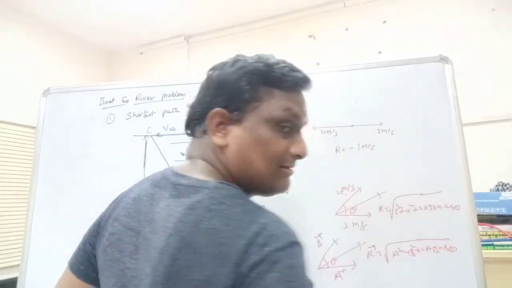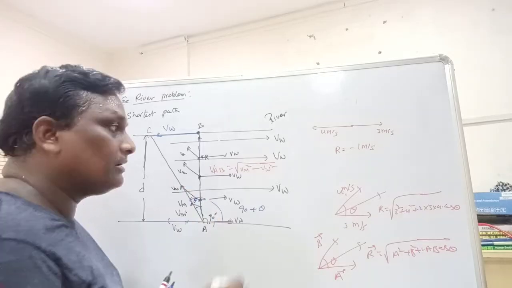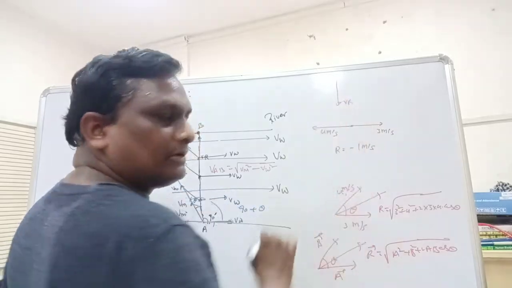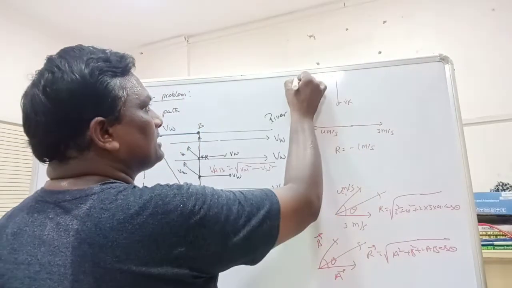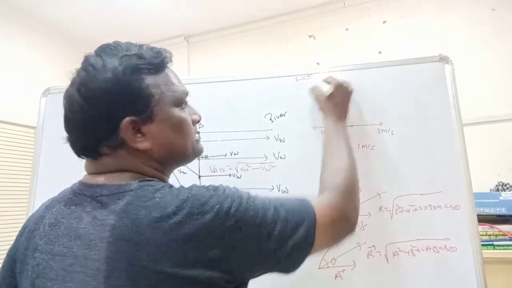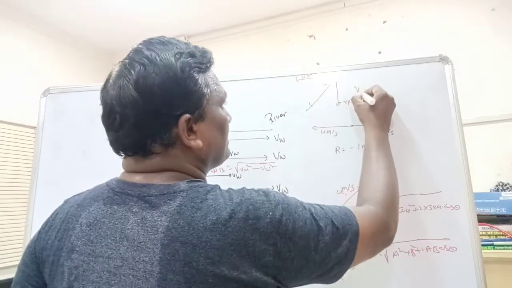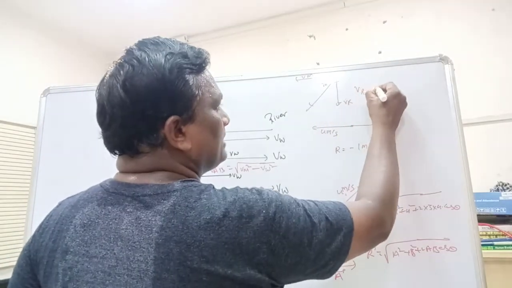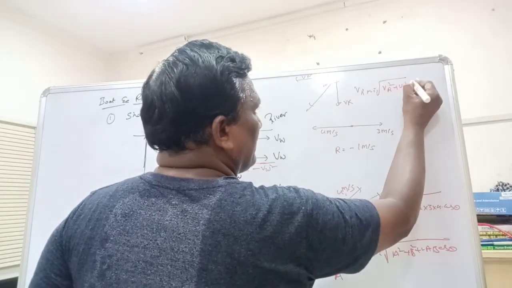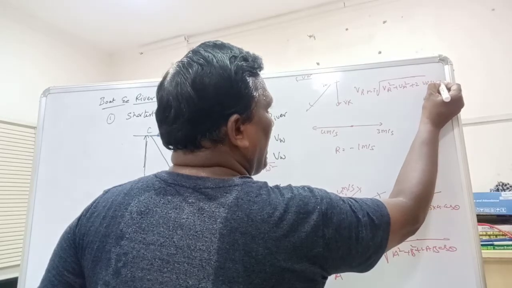Can you understand? Yes, sir. So in the previous case, the rain and umbrella problem is there. In that case, this is the rain velocity I have taken, and the man velocity in opposite direction I have taken. What is the angle between them? 90 degrees. So the resultant vector V rain with respect to man is root over VR square plus V man square plus 2 into VR into V man into cos 90.